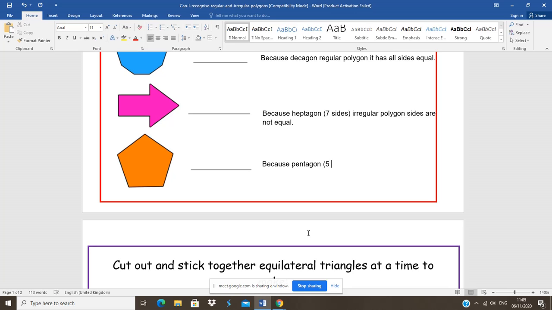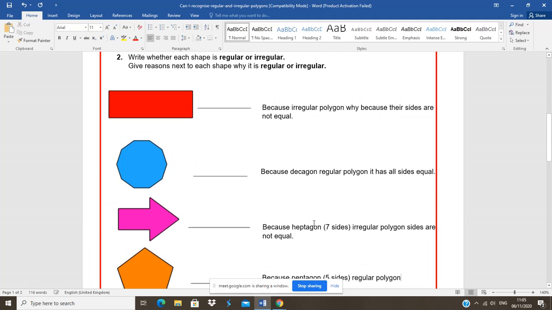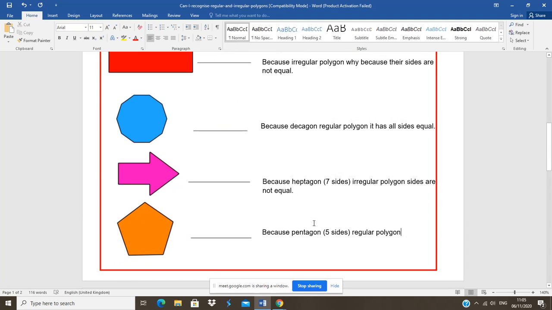Yes. Okay. Is it regular or irregular? Regular. Okay. All right. So we already solved the 4 figures.